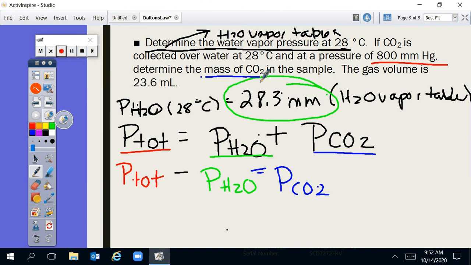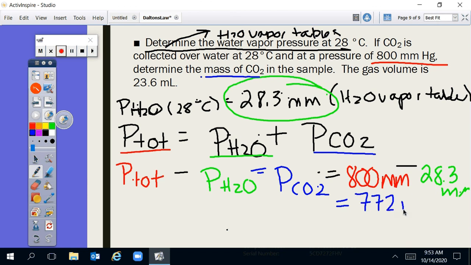So that's going to equal 800 millimeters of mercury minus 28.3. And then we get our partial pressure of carbon dioxide equaling 772 millimeters. So now we have the partial pressure of carbon dioxide.